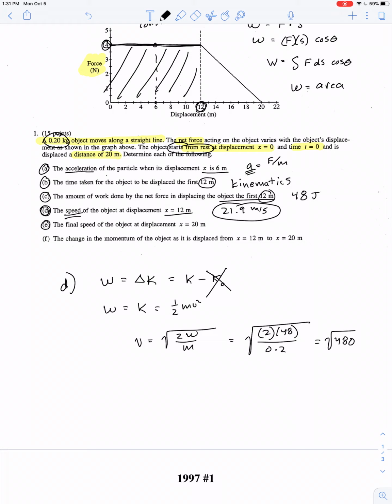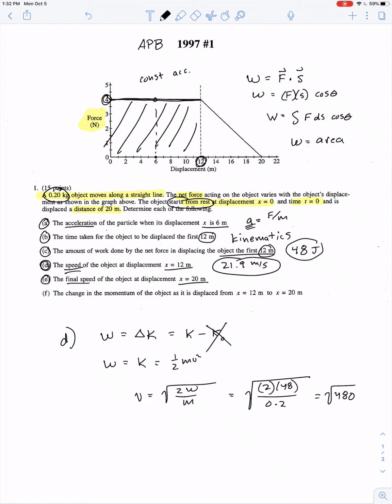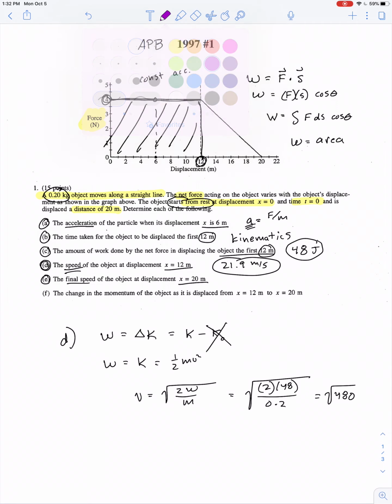Part E. Now we have to find the final speed when the object reaches 20 meters. I'm not going to solve for this one, but I'll give you a hint. We know it takes 48 joules up until 12 meters. So let's find out how many more joules of work are done to go from 12 meters to 20 meters.